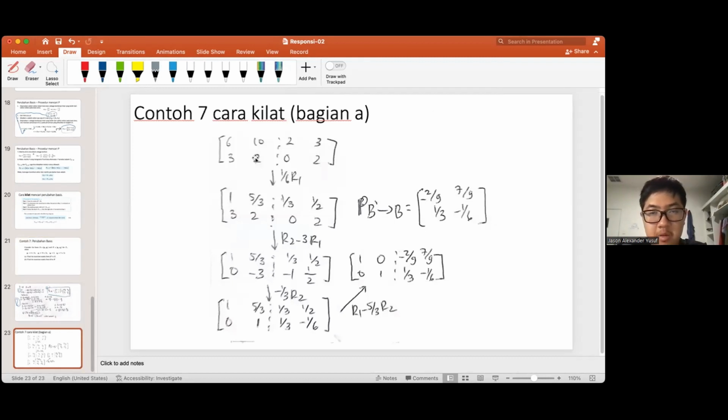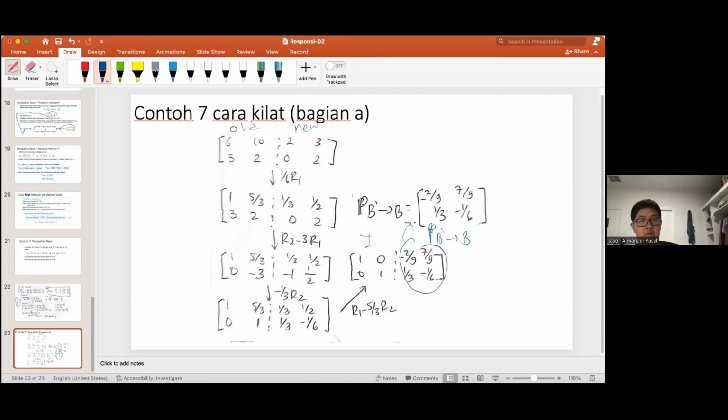Then we perform the row operations until we get this as the final result. So basically this is old, new. Then we perform, this is the I, and this is P, B accent to B. And hence, this is your answer.